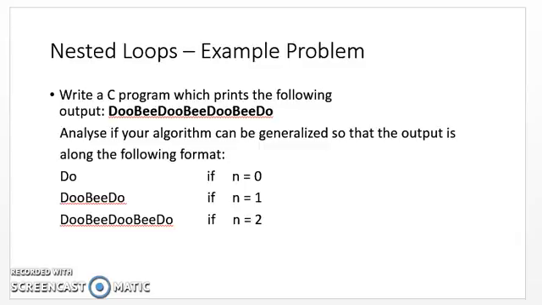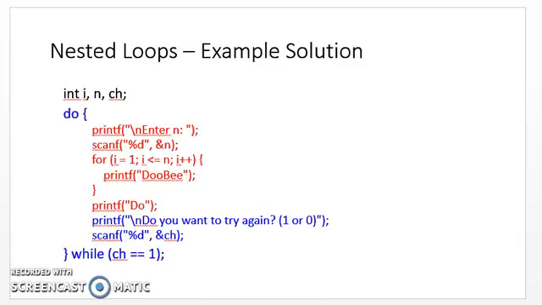One is the way that we have already seen, where every time we want to check a particular case, let us say when n is equal to 3, when n is equal to 2, when n is equal to 0, every time I want to check a particular case, I have to execute the program. This can be automated using nesting of loops. Let us see an example here.